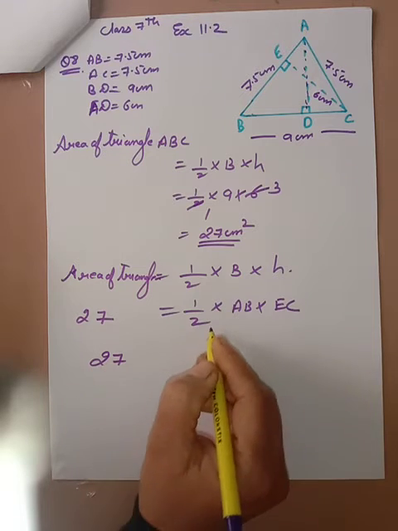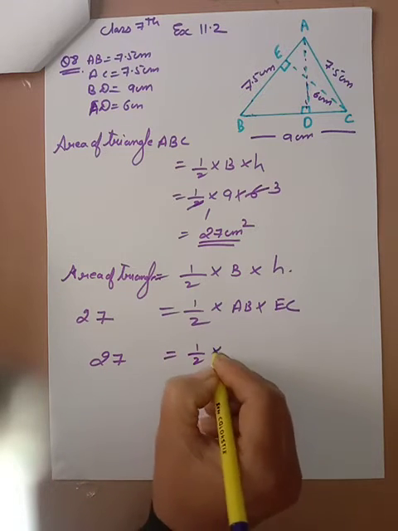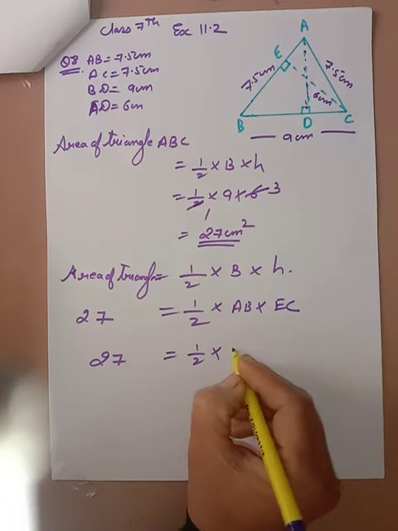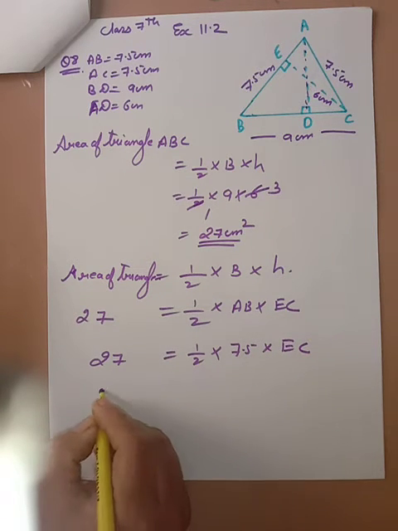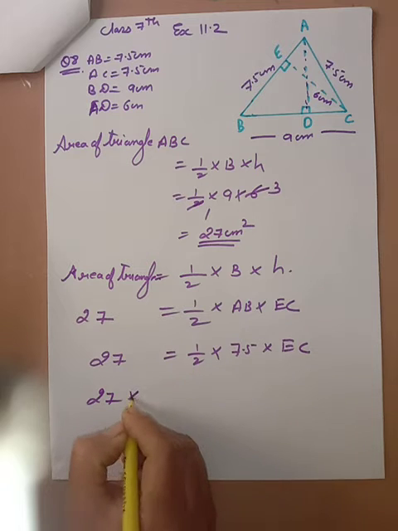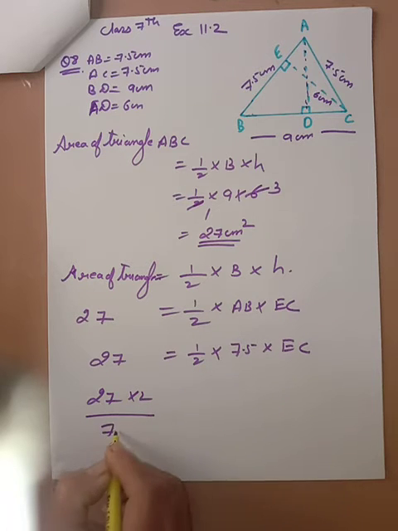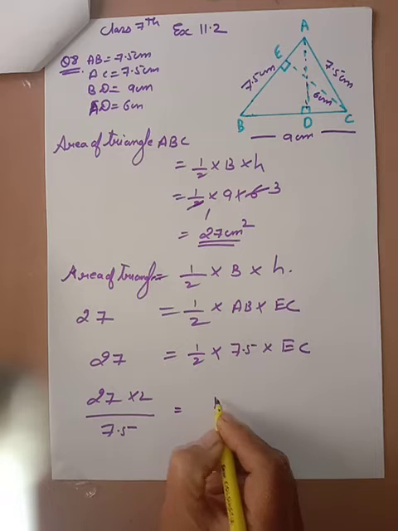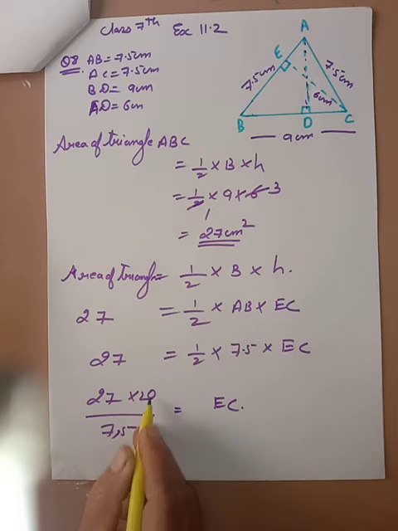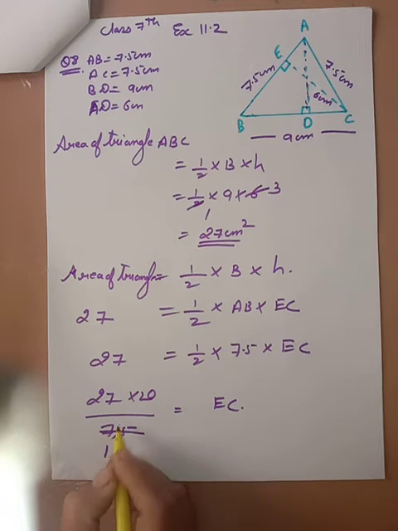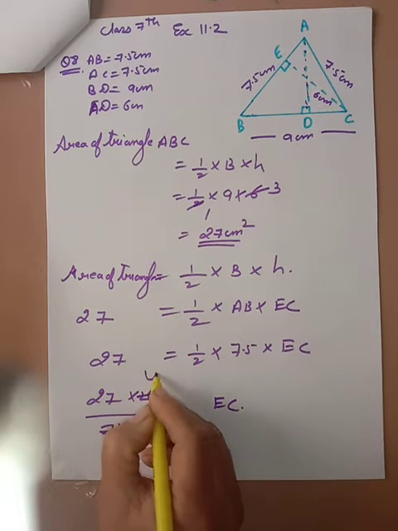तो 27 equals half, AB is given 7.5, EC we have to find. 27 to divide will be multiply, 7.5. Okay, and the decimal point निकाल यहाँ पे, and we'll do the cancellation with the table of 5. 5 ones are 5, 5 fours are 20.